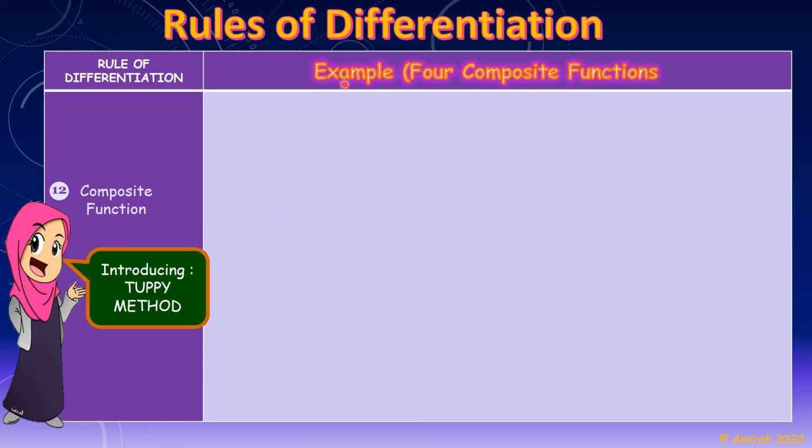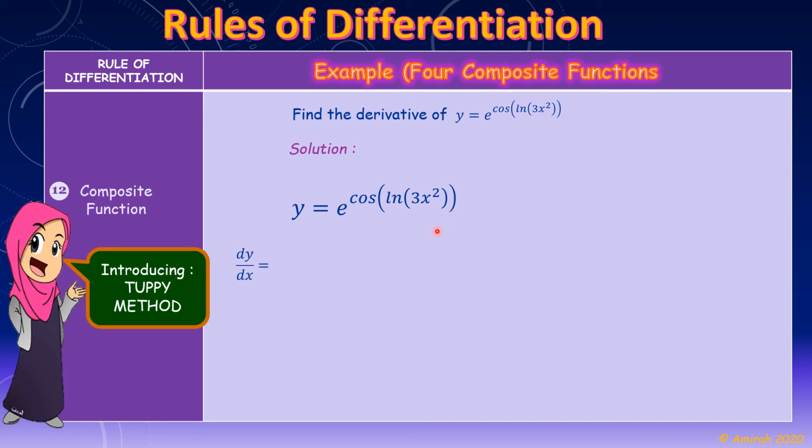Now look at an example involving four composite functions. How to differentiate four composite functions using the Tuppy method. Find the derivative of y equals e to the power of cos ln 3x squared. From the given question, to find the derivative of y, or dy over dx, first we draw four circles: the outer circle, followed by the inner circles, and the innermost.